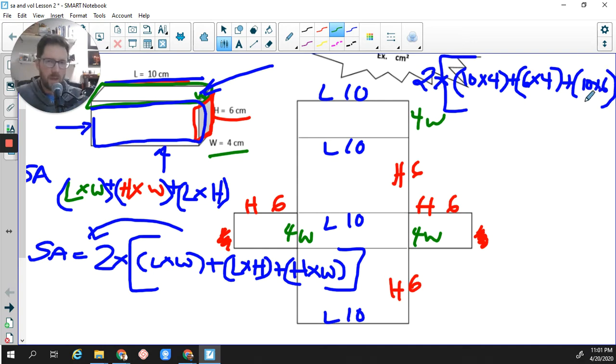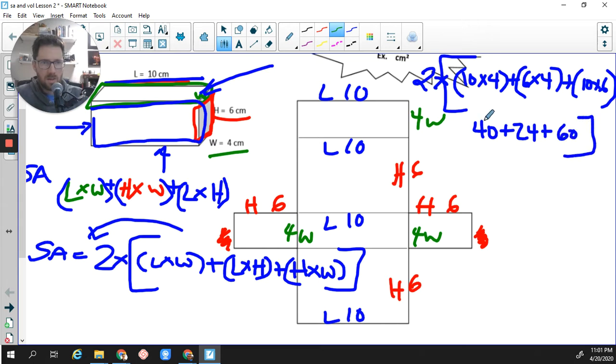Okay. So we've got 10 times 4 equals 40. Plus 6 times 4 equals 24. Plus 10 times 6 equals 60.